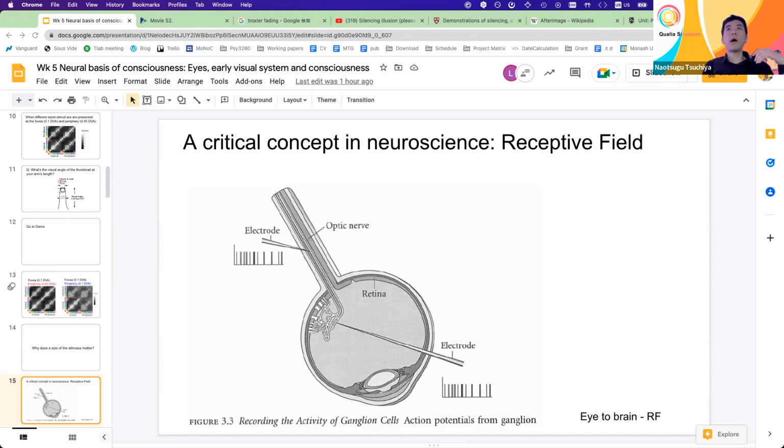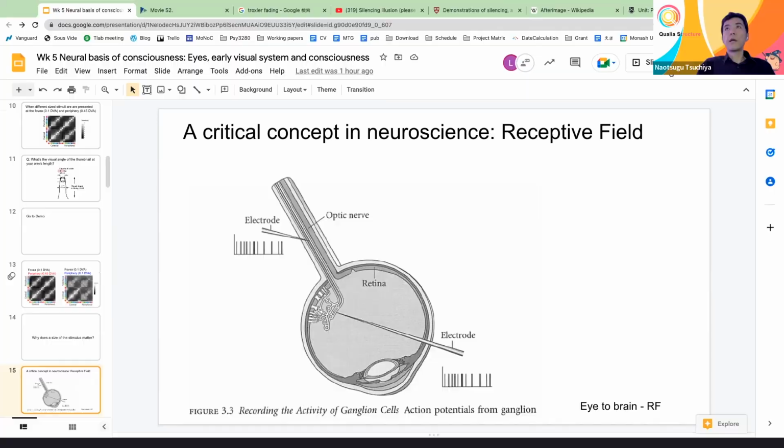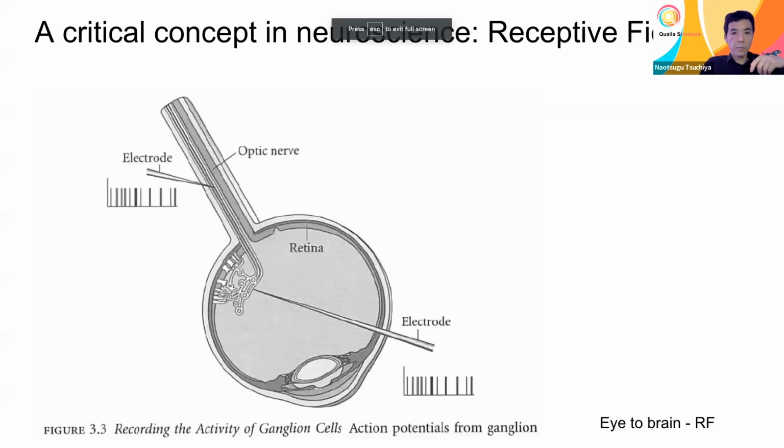As I explained last week, the light goes from the bottom like this, and here's the fovea, the highest resolution of the eye. The light is coming this way, and it turns out that cones and rods are located at the back of the retina.